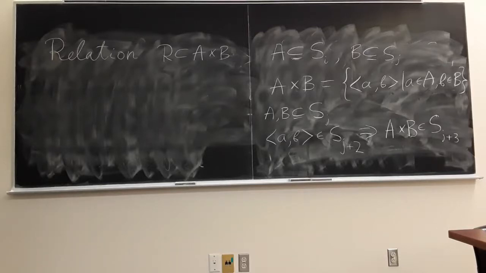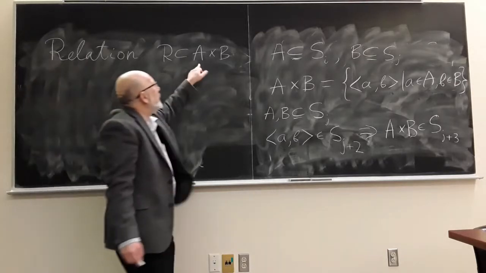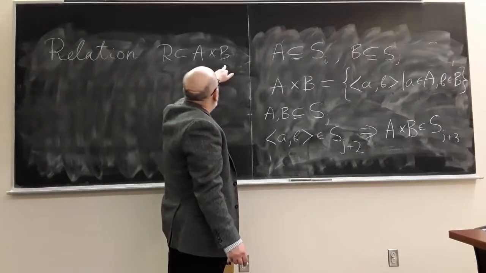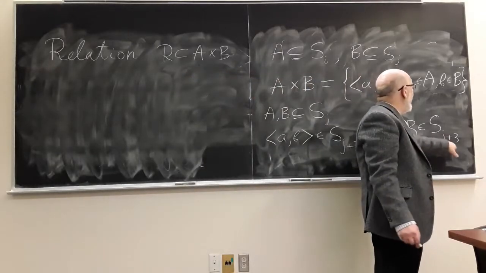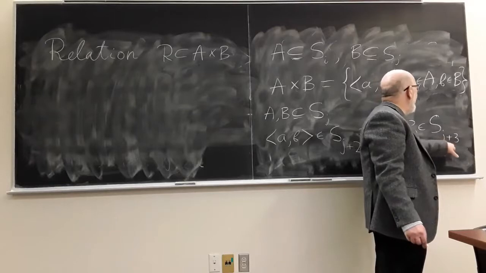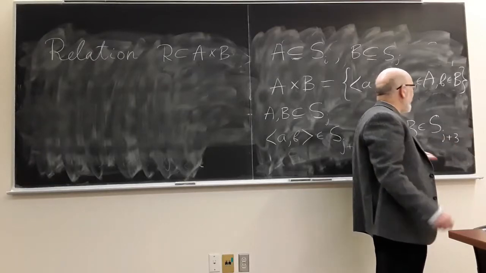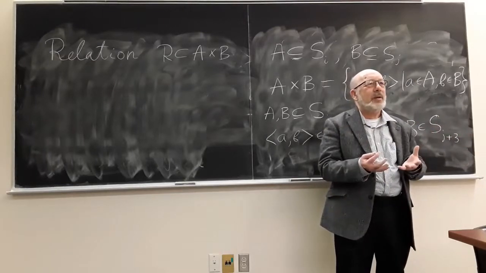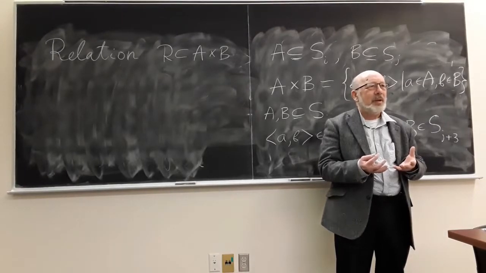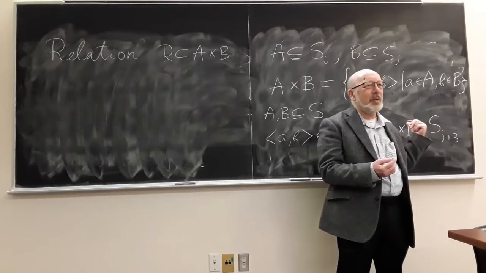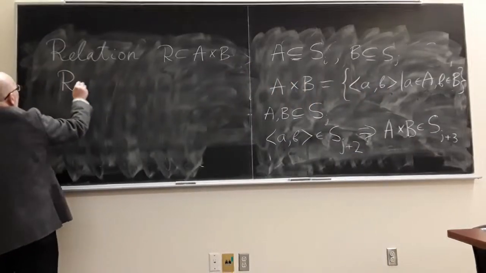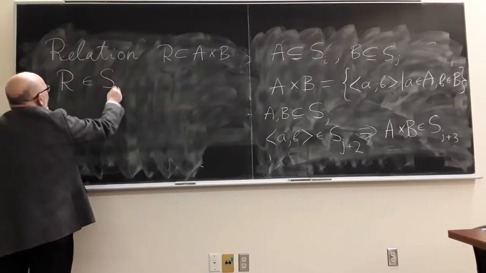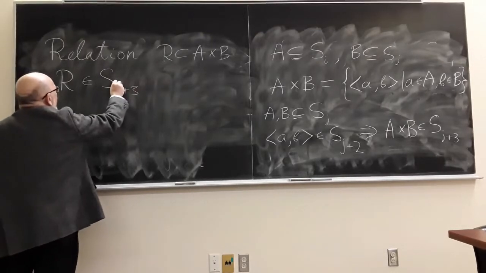So where does it sit? A times B itself is an element of Sj plus 3. So it is in fact some set of elements of Sj plus 2. A subset is also a set in Sj plus 2. So this R is an element of Sj plus 3 as well.